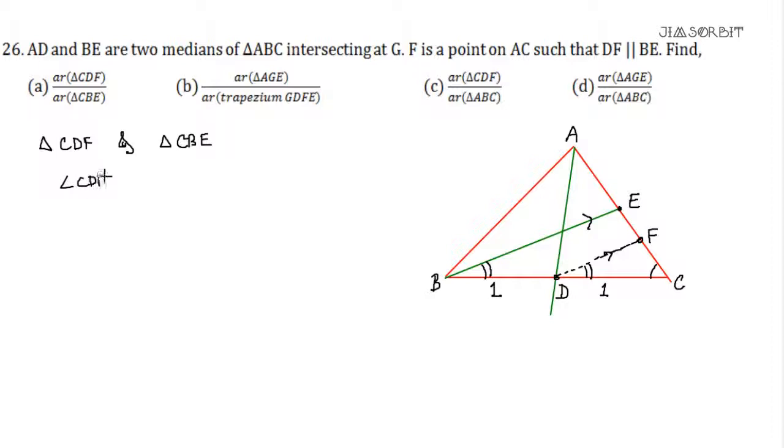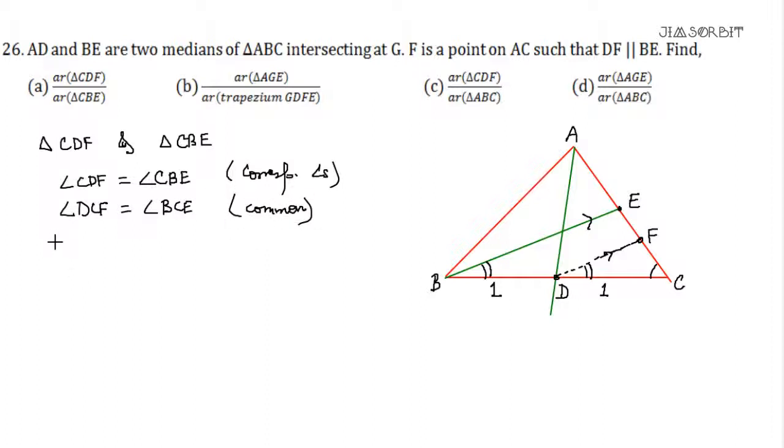Angle CDF is equal to angle CBE, corresponding angles. I'm writing in short. I hope you understood this. And angle DCF is equal to angle BCE because common angles. Now by AA theorem, triangle CDF is similar to triangle CBE.